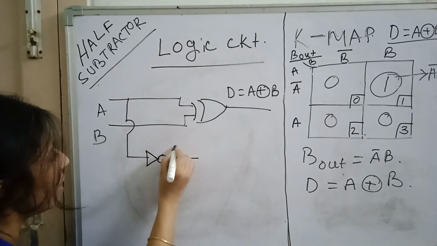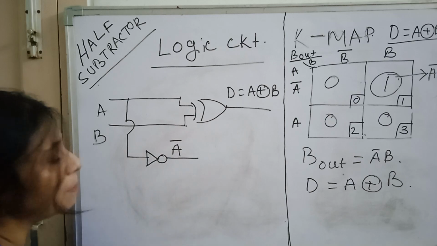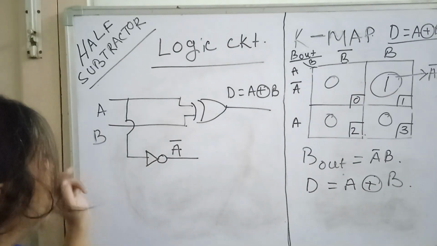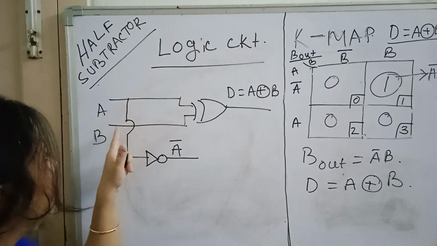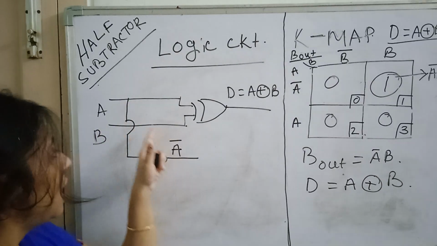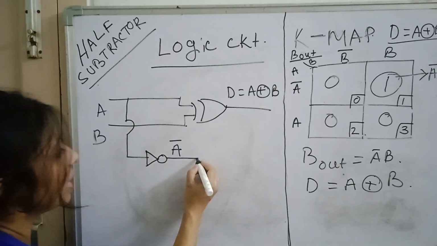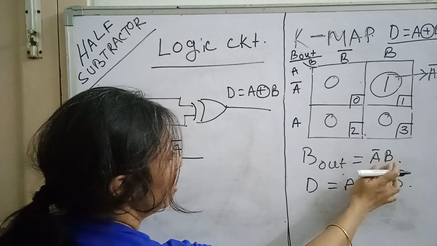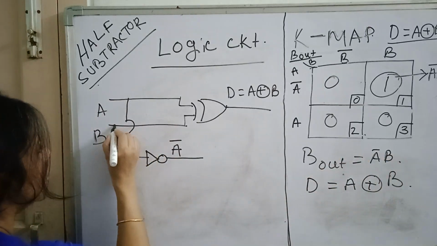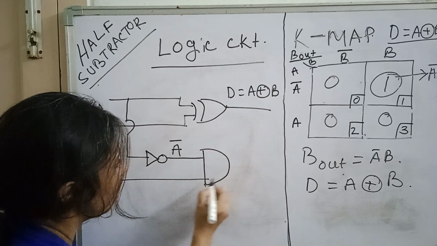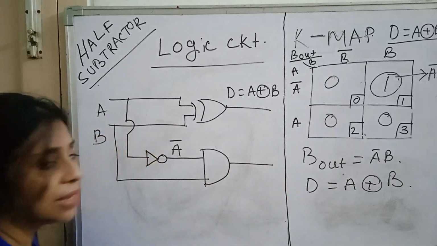So what will we have? We will have A complement when this A is passed through this NOT gate. Whenever you are passing a variable across any other variable, please use this jumper. Now this is A complement. Then dot B. So A complement dot B, there will be an AND gate.